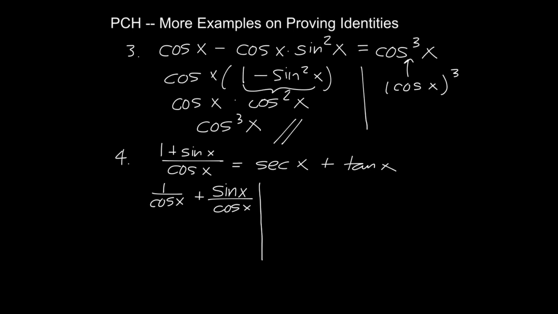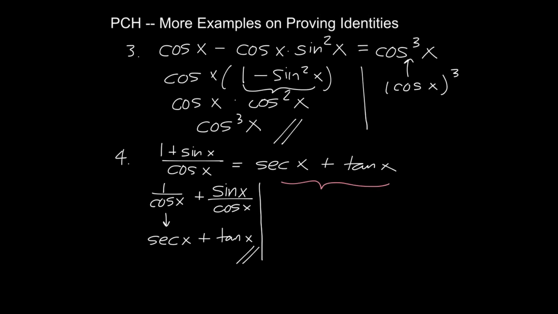1 over cosine x using the reciprocal identity gives us secant x. Sine x over cosine x using the quotient identity gives us tangent x, and here we have it. But we can actually do an alternate way, and that is to work with this side.